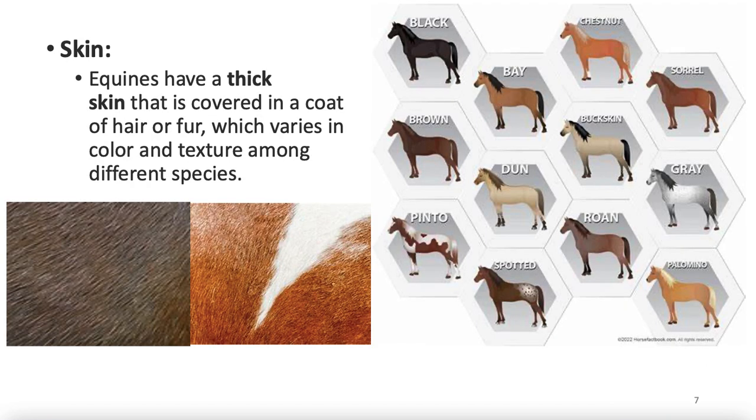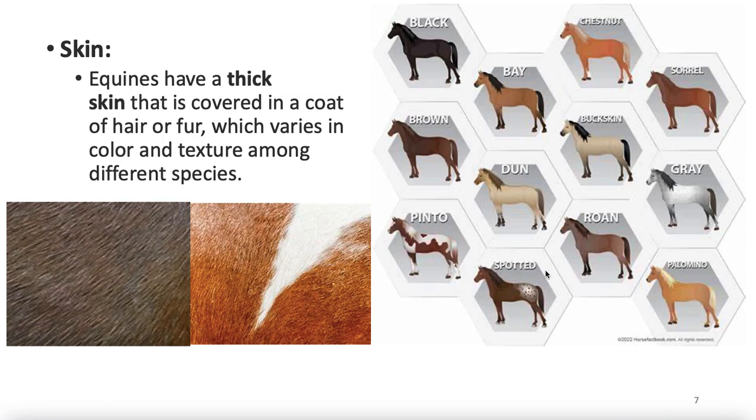Now the skin of the horse. The horse has a thick skin and it has different coat colors, which is colored by hair or fur, depending on the different breed, which we will discuss later on. Okay, the different breeds and their coat color. The different breeds' skin is also different from each other based on their structure and texture as well.